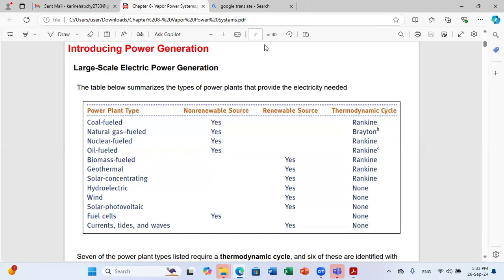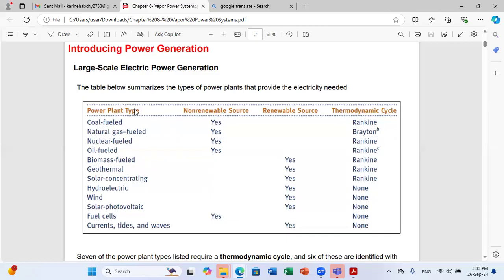So for example, if we consider electric power generation as an example, the following table is summarizing the different types of power plants that are used to generate electricity. If we talk about a coal-fueled power plant, which is a non-renewable source, it's based on the Rankine cycle.